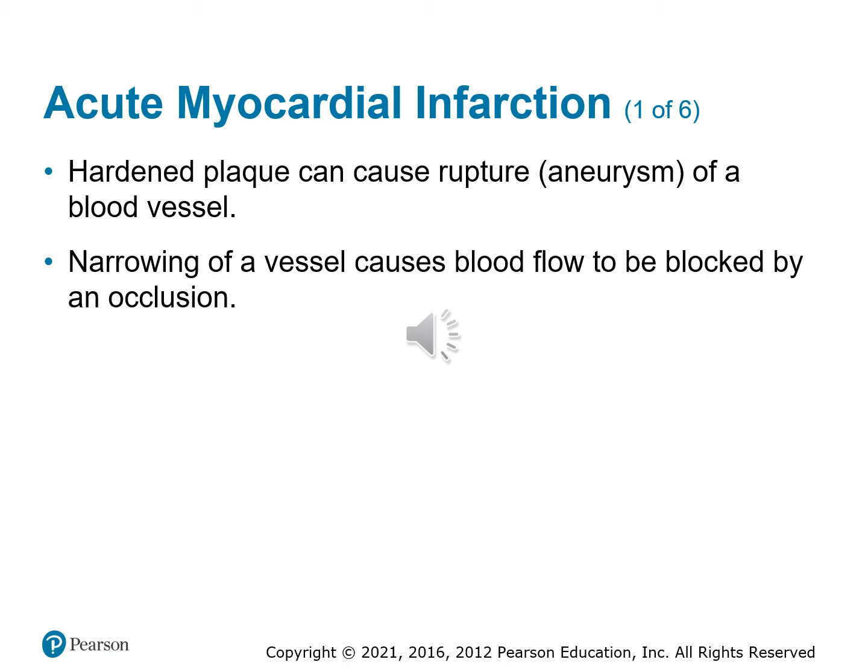We talked about narrowing of the vessels, and if those vessels become completely blocked, this occlusion causes an issue where, again, anything past the point of that blockage is not getting blood flow and is not receiving oxygen.